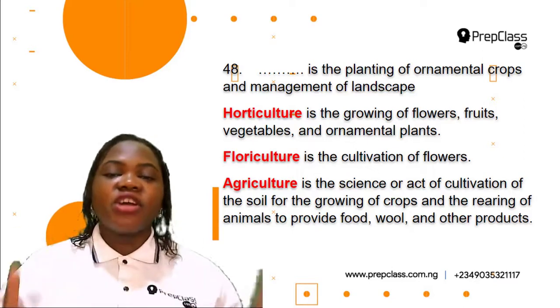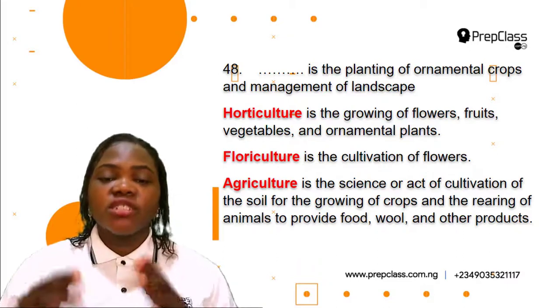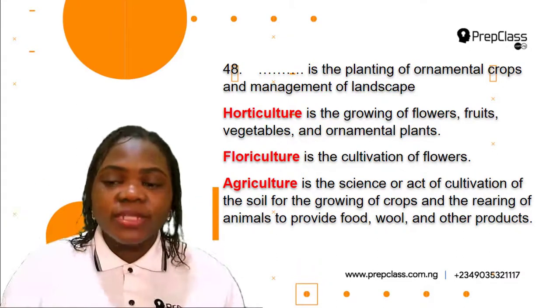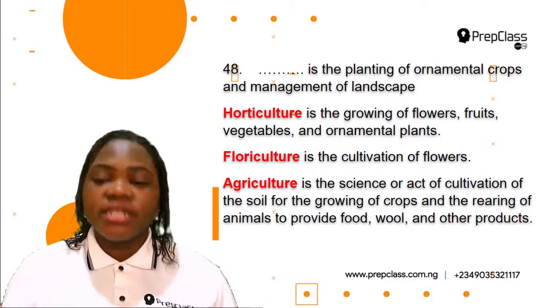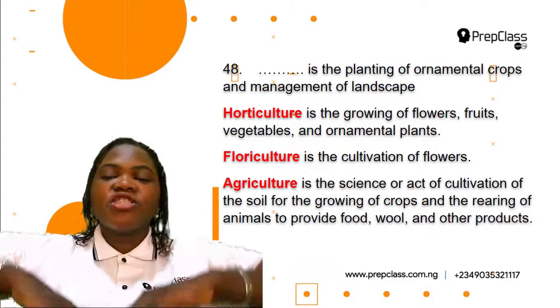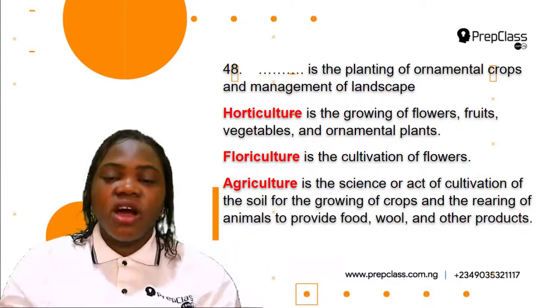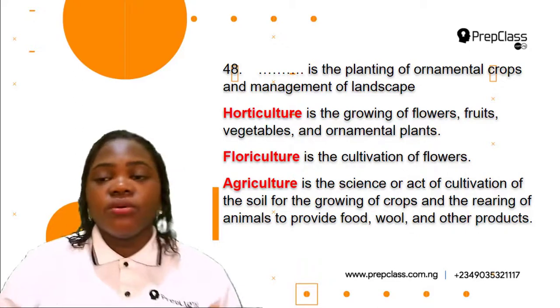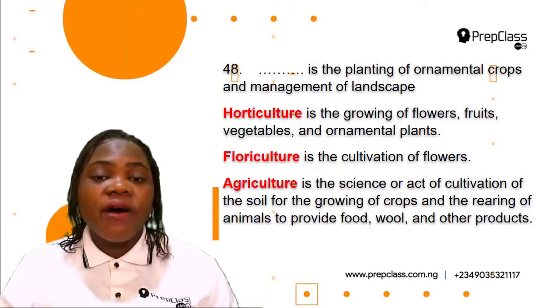Then agriculture is the science or act of cultivation of the soil for the growing of crops and the rearing of animals to provide food, wool, and other products.